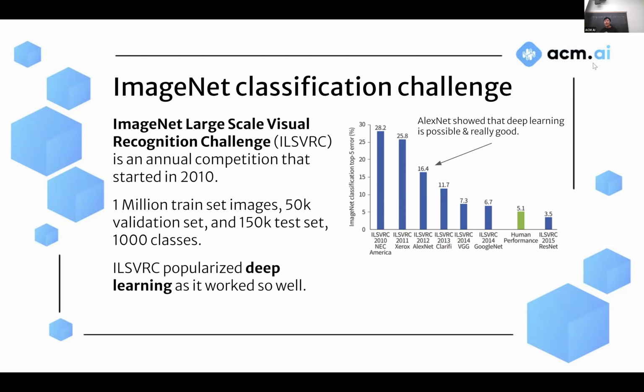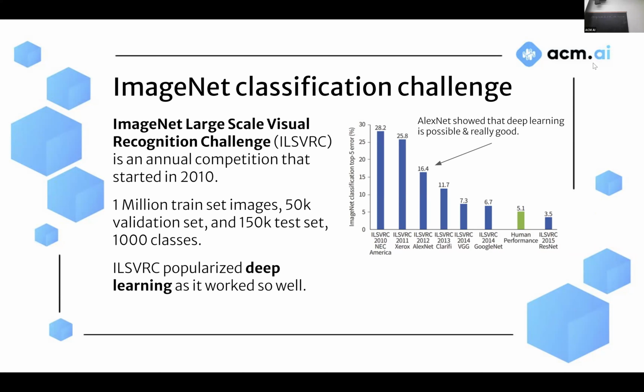And before the AlexNet paper, as you can see here, in 2010 and 2011, both of these methods had decent error. Imagine this is the inverse of accuracy. Basically here it says they got 28.2% of the images wrong. Specifically, this is what we call top-5 error, where the model predicts the top 5 most likely classes, and if any one of them is the correct class, because some classes are really, really similar, then we count that as correct.